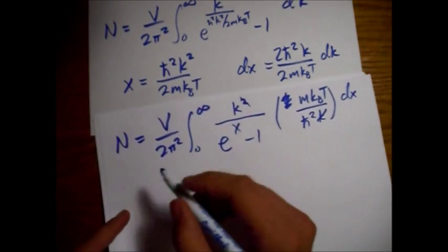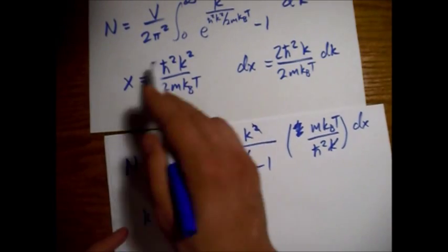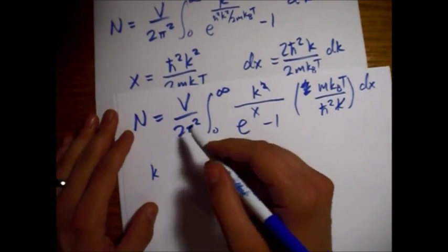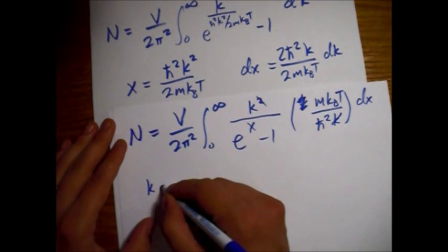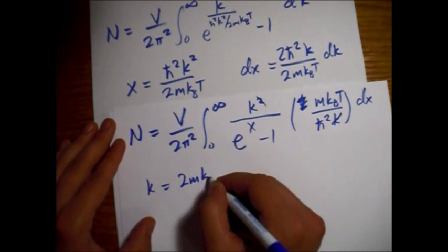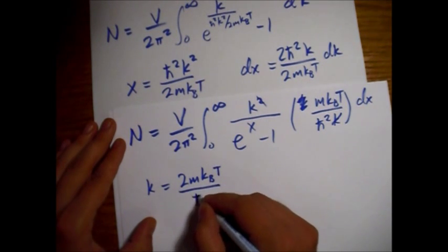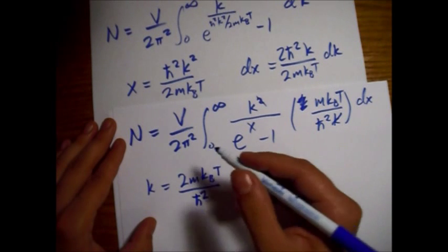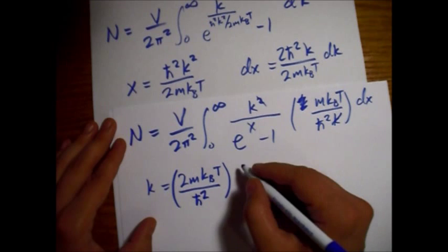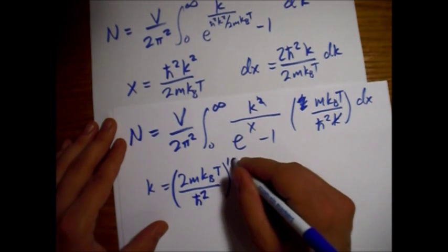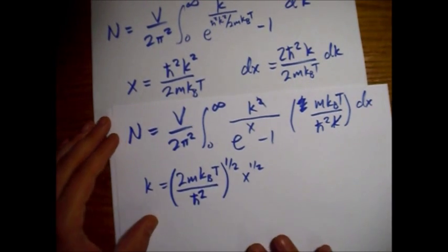So real quick, let's solve for k right here. It's 2m kBT over h bar squared, all to the 1/2, and then an x to the 1/2.